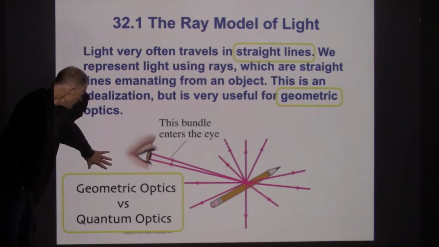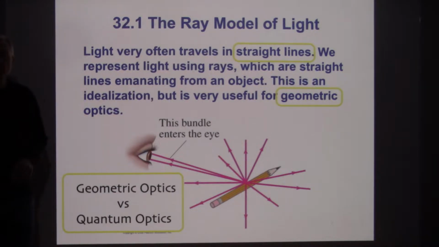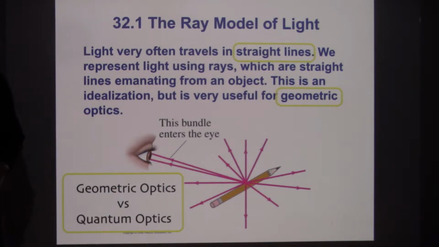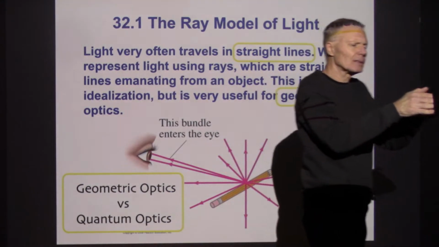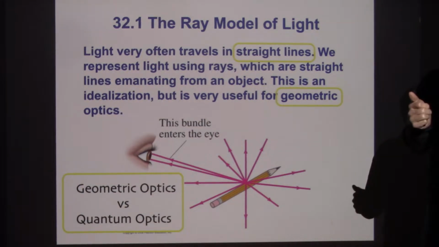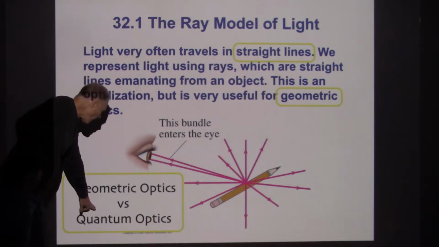Now, we're going to be looking for a couple chapters at what we call the geometric properties of light, or geometric optics. In geometric optics, we're just thinking of light as traveling along straight lines and reflecting off surfaces and such. And then we're going to move into quantum optics.